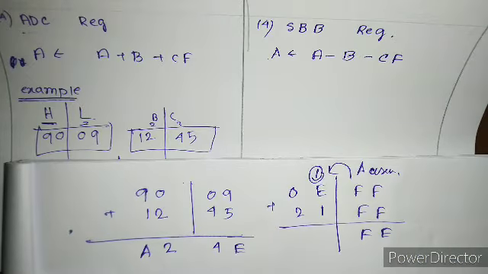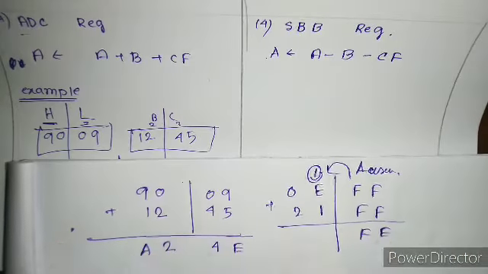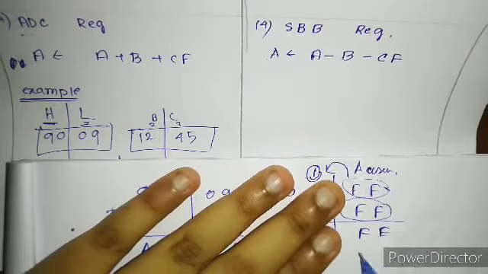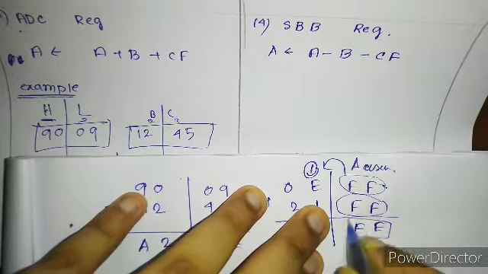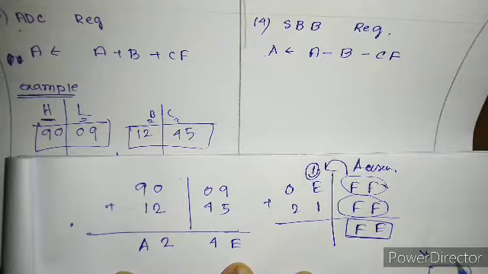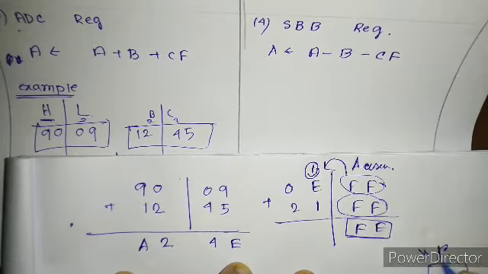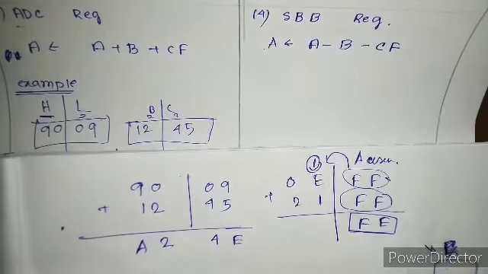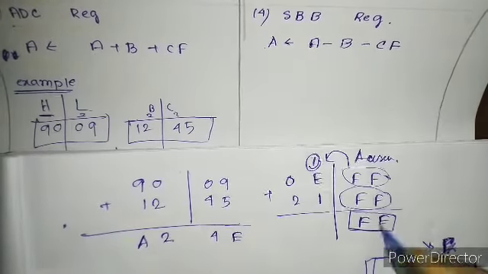So if we want to add these two 16-bit numbers, first you have to take these two numbers in some particular registers. Then there will be a result. Store this result in a register pair, because it is a 16-bit number.